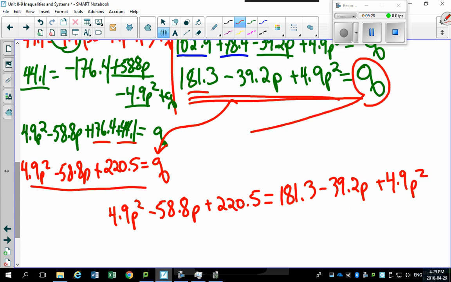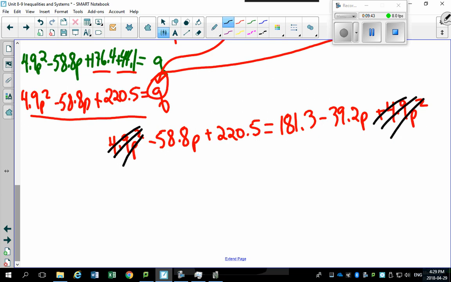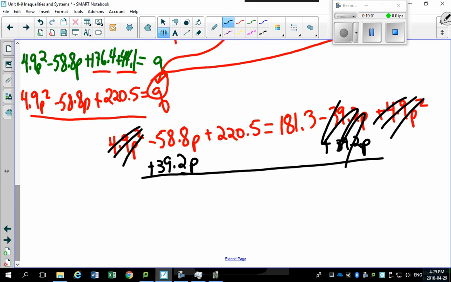Because the two q's equal each other, and that's what substitution tells you. Now, this looks really ugly, but it's not. Aha! Do you see what I see? I see a 4.9p squared on this side and another positive 4.9p squared on that side. Guess what? The p squareds are gone. Let's add 39.2p to both sides. That's gone now, leaving you 58.8p minus 39.2p.